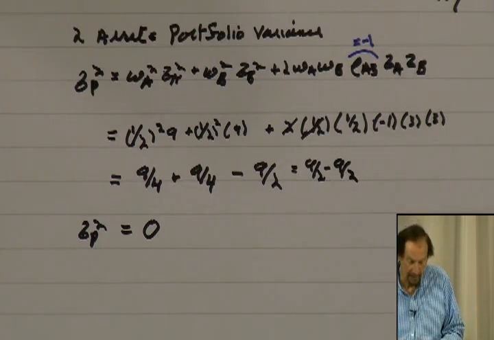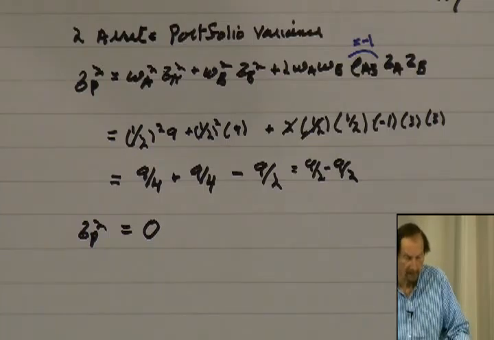So if you have two perfectly negatively correlated assets, we can reduce portfolio risk to zero sometimes. Now, we just looked at small portfolios. Let's extend this to n assets and see what happens as n goes to infinity.